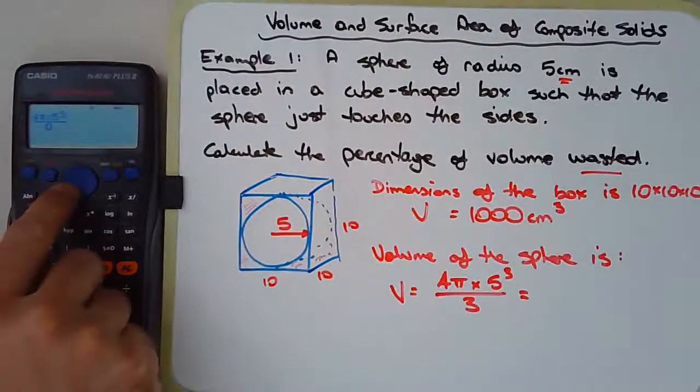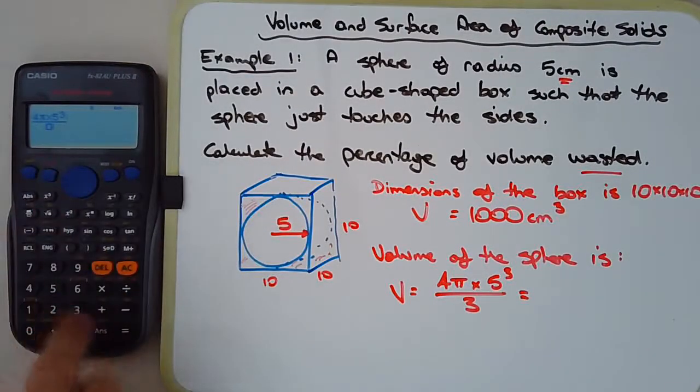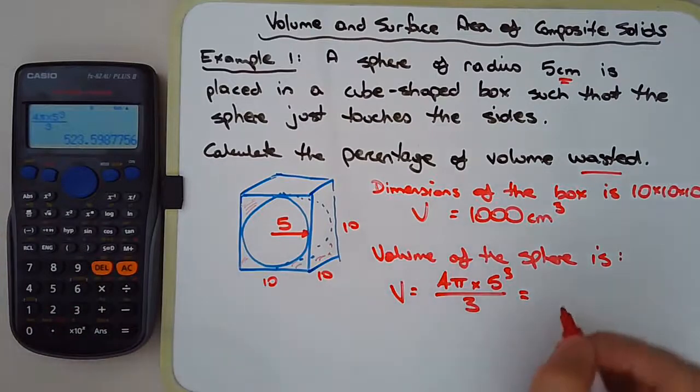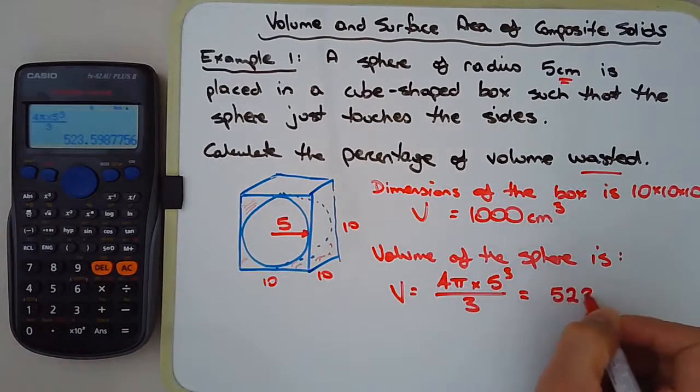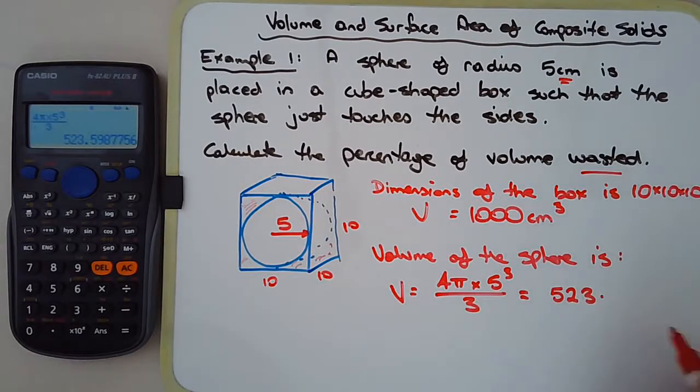So 4 pi times 5 cubed over 3, and we get 523, and I'm going to use a little bit more than just 2 decimal places. I think I'm going to use 4, and then we'll round it back down to 2 at the end.